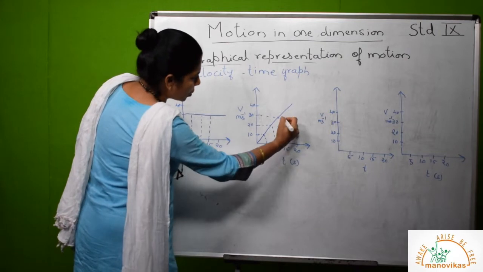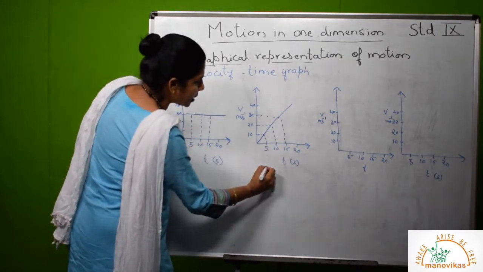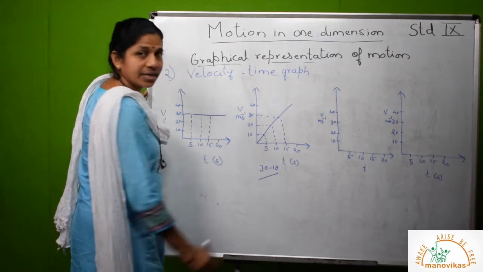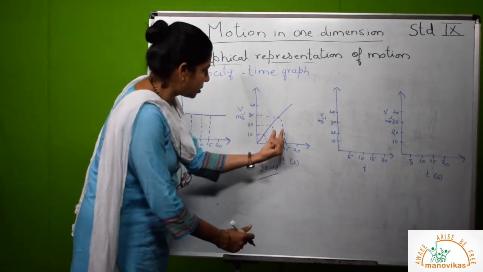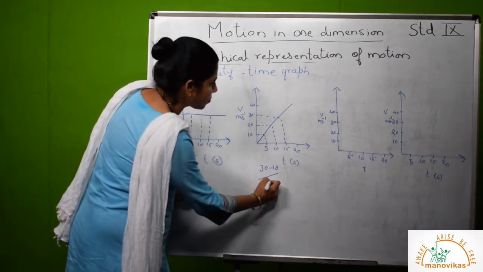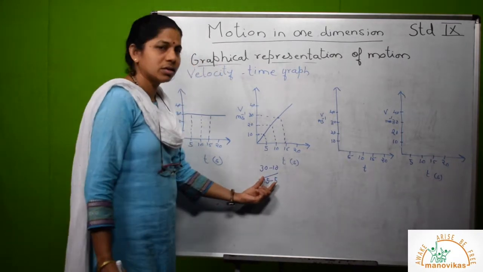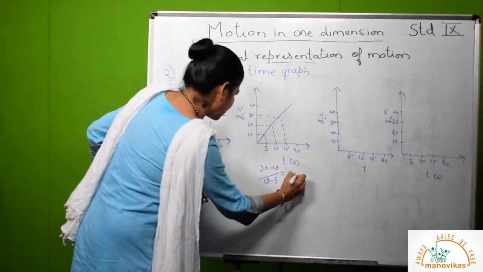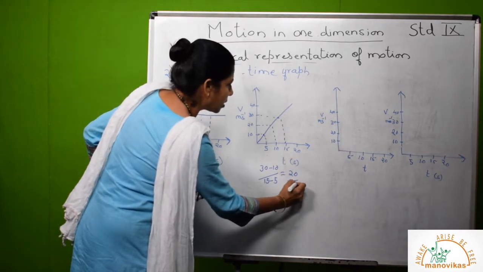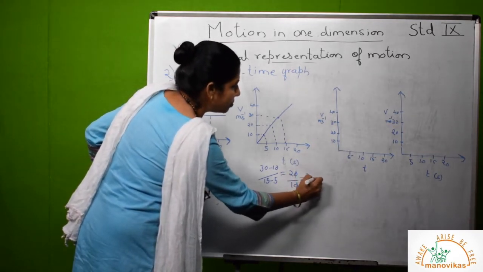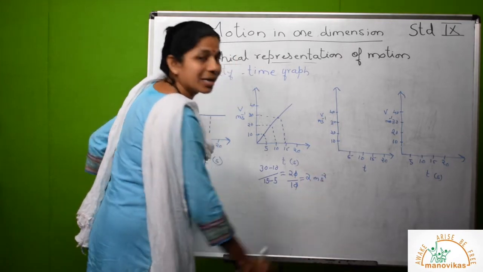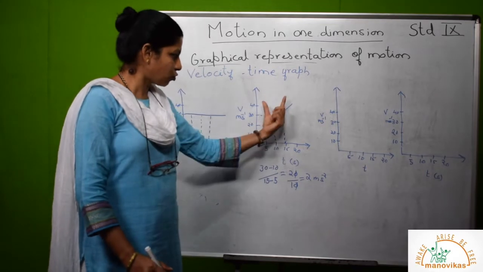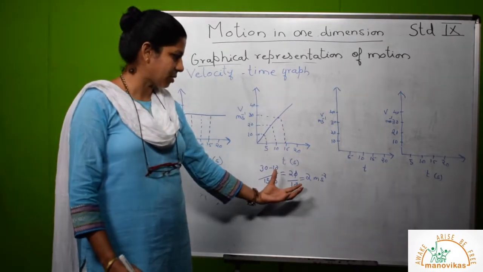So you get 30 minus 10 divided by 15 minus 5. Okay, so you get 20 divided by 10. So you get 2 meters per second square as the acceleration of the object. So the slope of this line gives acceleration.